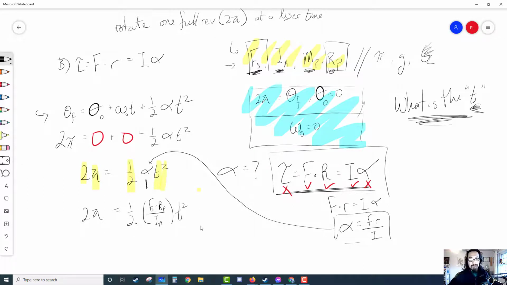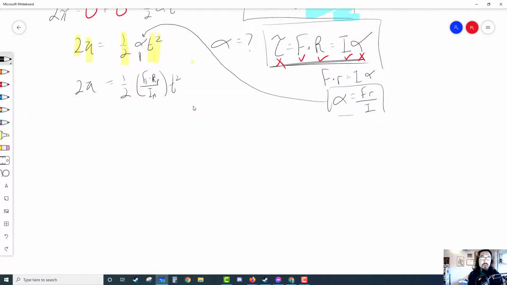Are we finished yet? Nah, we're not finished yet because we have to solve for t, time. I'm going to multiply both sides by 2 to get rid of this 1/2. So 2 times 2 pi gives us 4 pi, and then we have F_s R_p over I_a, all in parentheses, that is equal to t squared. We're not done yet. We're trying to solve for t. So I'm going to divide both sides by this big factor here.